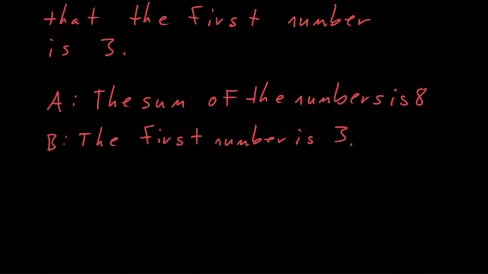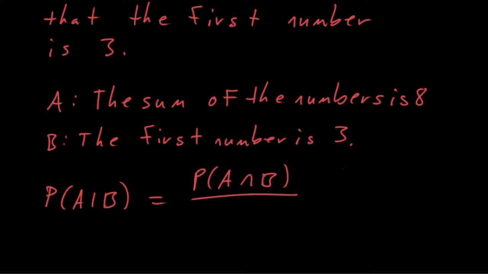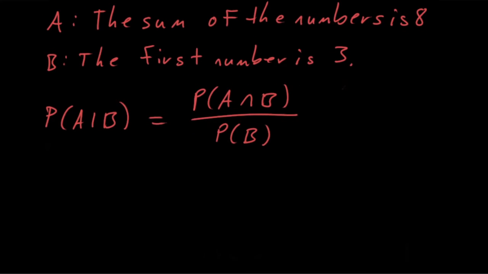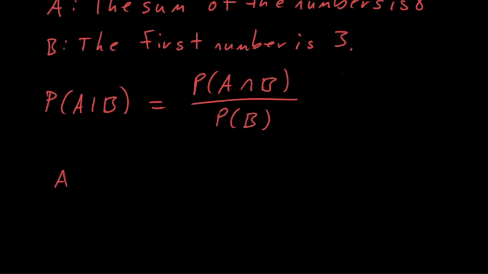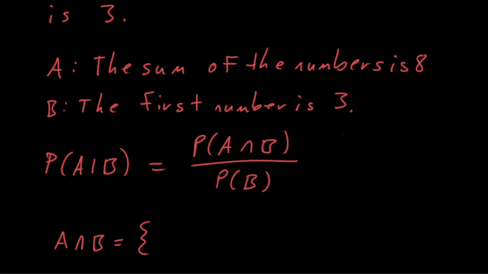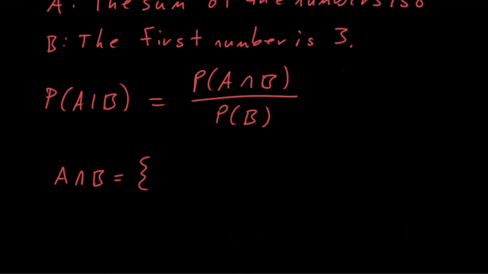Okay, so we want probability of A given B, right? Which is probability of A intersection B over the probability of B. So first we got to find the probability of A intersection B. So what is A intersection B? What event is that? So that's the sum of the numbers is 8 and the first number is 3. Well, that's only one outcome, right? That's 3 and 5. Because the first number is 3 and the sum is 8, right?